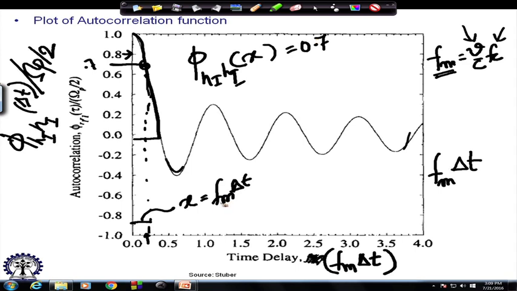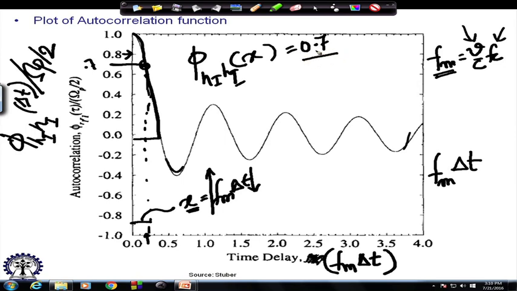Since x is equal to f_m delta t, as f_m increases, delta t must decrease in order to maintain the same value of x, so as to get the same value of correlation, and vice versa.